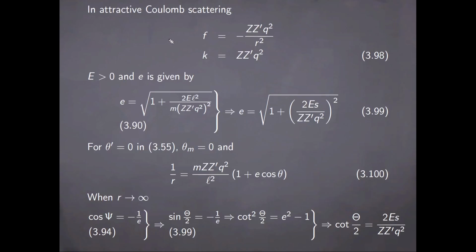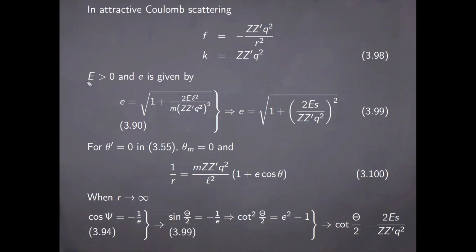By analogy with our previous discussion regarding the Kepler problem, we can treat scattering in an attractive Coulomb field. So the force is going to be attractive in nature and given by the magnitude here, and so the force constant is just the quantity here, which would be the product between the charges of two point bodies interacting through an attractive Coulomb force.